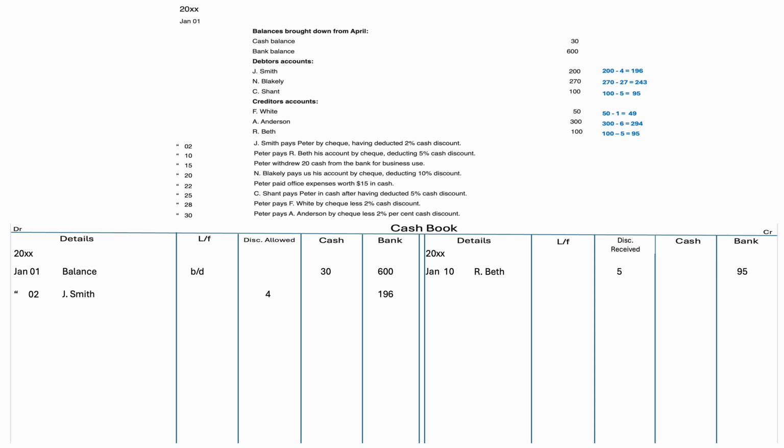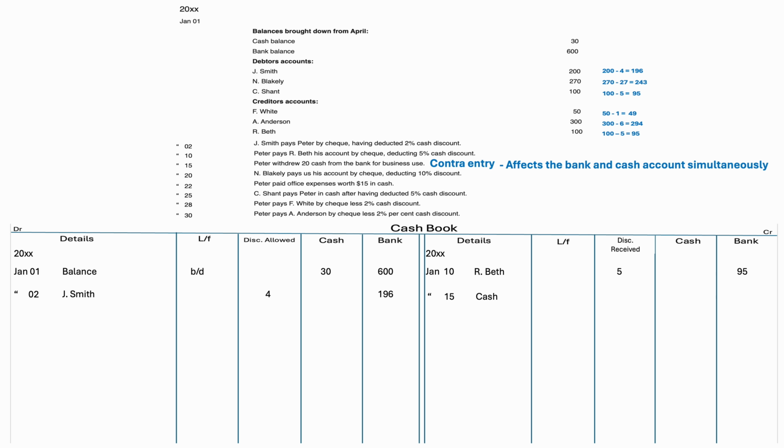On 15 January, Peter withdrew cash for business use. This transaction is an example of a contra entry. A contra entry affects the bank account and cash account simultaneously in the same transaction. So in this transaction, we can see that both the cash account and bank account are being affected. To record this, on the credit side, in the details column, we put cash.